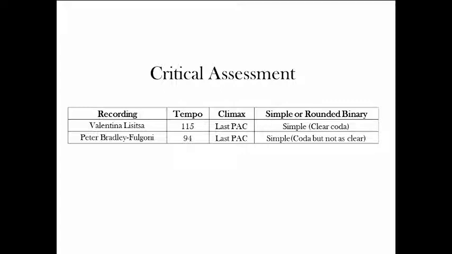Also, I think it's very important to mark that climax, to really build up to it. I think one can build up to the climax a little too fast. So to make a really good effect, just postpone a little bit. And really, for the performer, it's up to them whether they think it's a simple or a rounded binary form. And I think that would definitely shape the way they perform it.